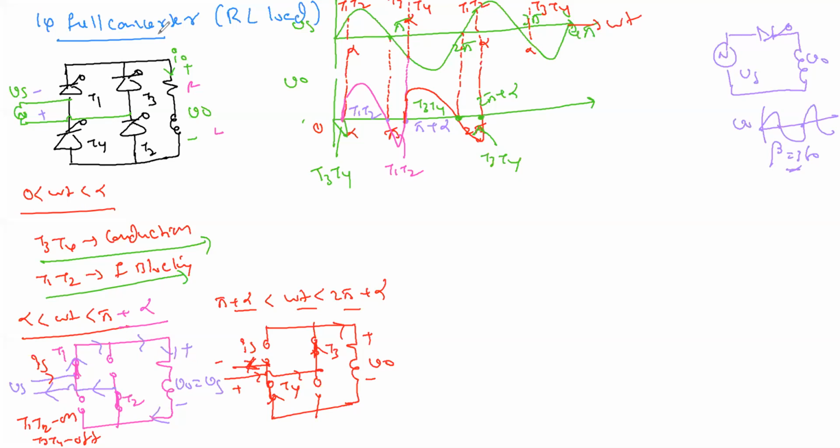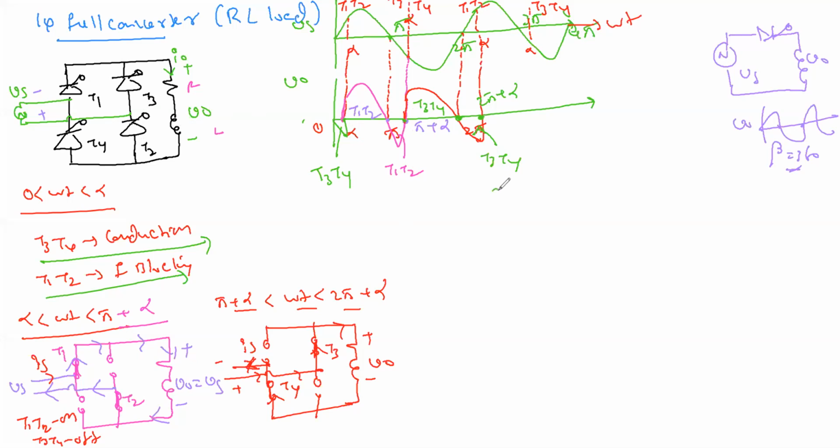So what will be the circuit turn off time? I just need to look at the circuit turn off time. How much period T1 or T2 or T3, T4 are reverse biased. You can see here now, T1 T2 is conducting from alpha to pi plus alpha. So out of the 2 pi period, alpha to pi plus alpha is conduction, the remaining period is pi.